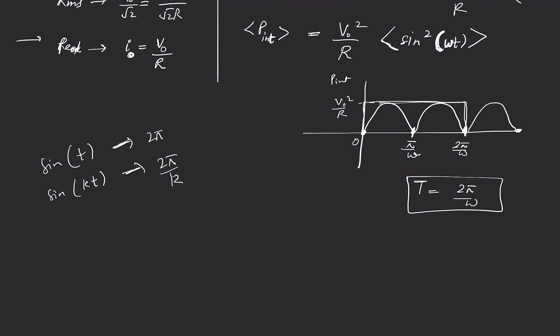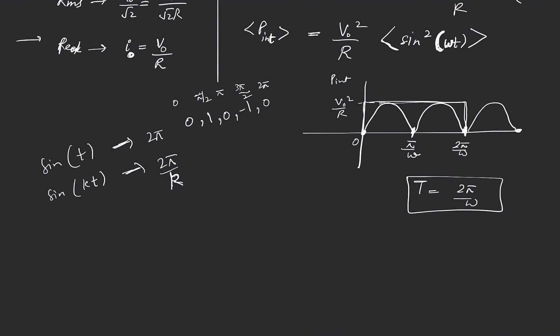This is because sin of 0 is 0, sin of pi by 2 is 1, sin of pi is 0, sin of 3 pi by 2 is minus 1, and sin of 2 pi is again 0. So this is 0, this is pi by 2, this is pi, this is 3 pi by 2, and this is 2 pi. So one cycle is complete for the sinusoidal function.